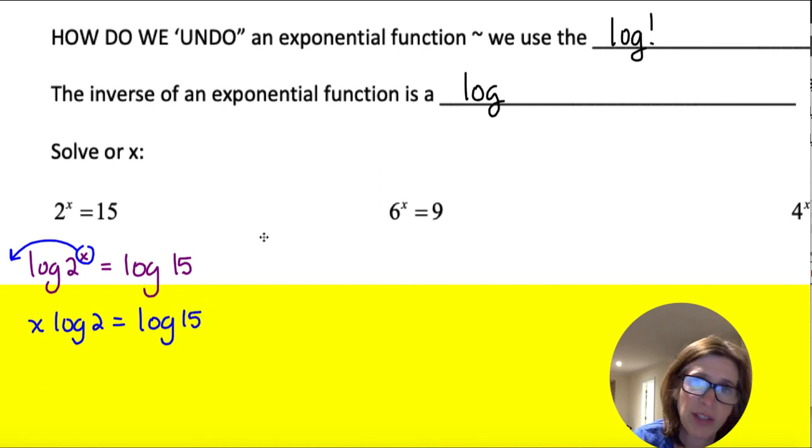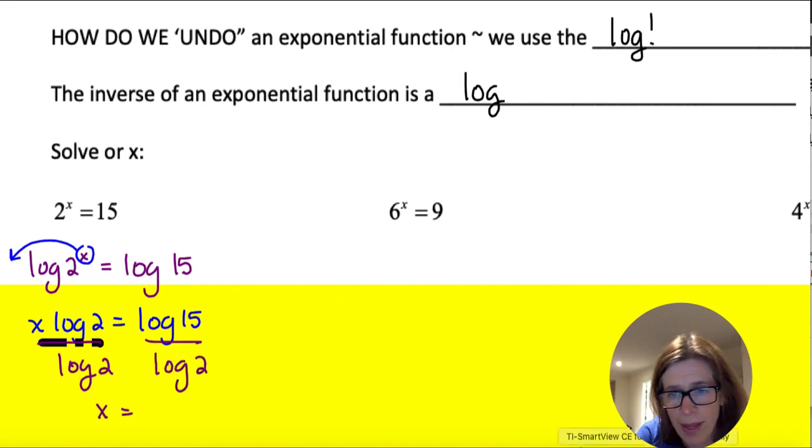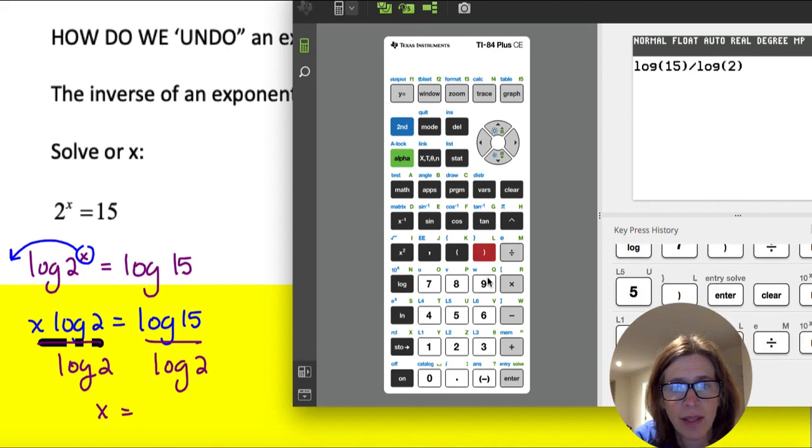And then I'm going to solve for x. All right, so I'm going to grab my calculator. Let me clear that. I'm going to put in log 15 divided by log 2, and I get 3.91.